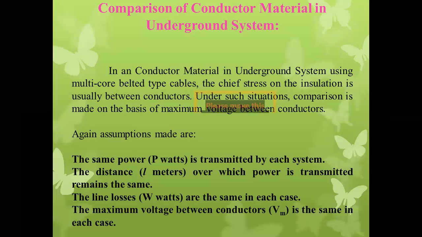I think all of you are familiar with the underground system, where we transmit electrical power using a cable. I think you know the construction of a cable. In an underground system, the main stress will come on the insulation of a cable.